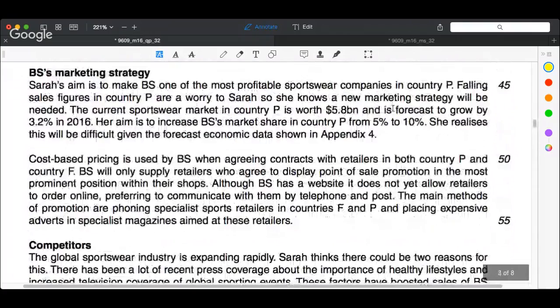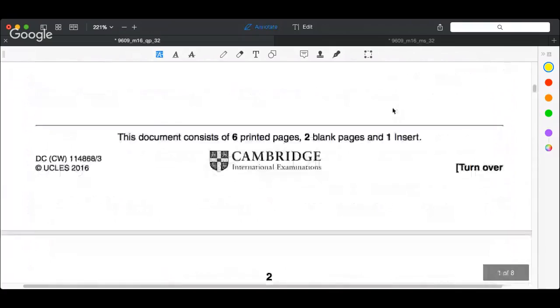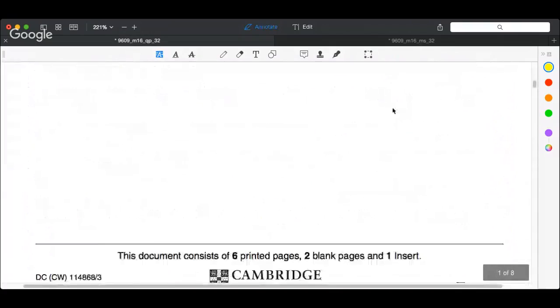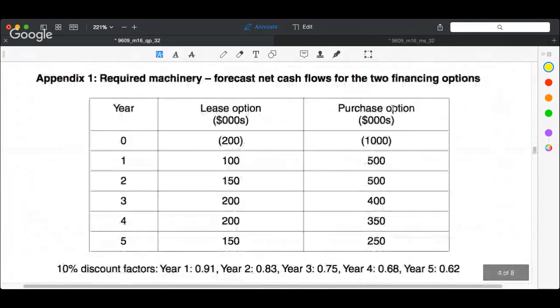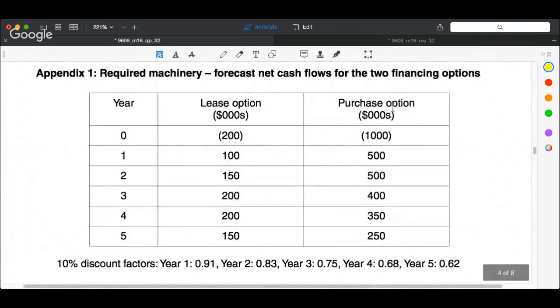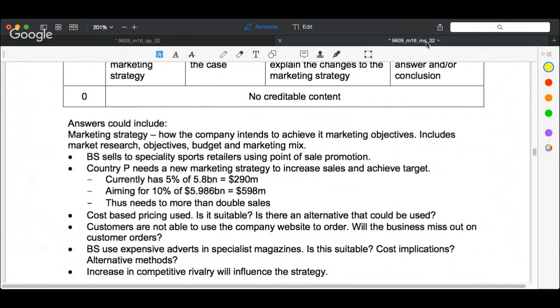I managed to find out what the payback period actually was. Sorry, it's basically just the length of time that it takes to get back the cost of buying or investing in something. Okay, so what does it say in the marks here?